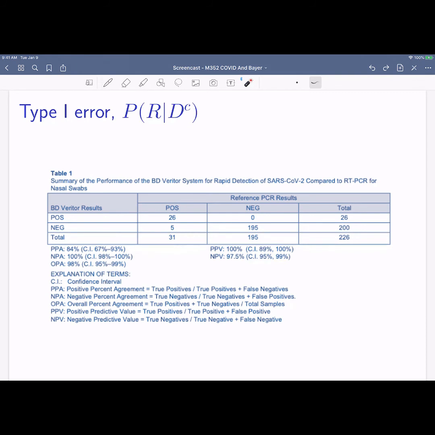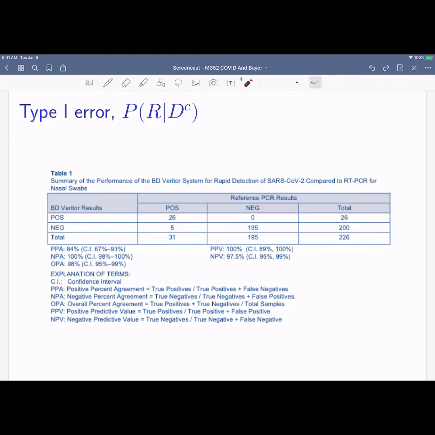This is a screenshot of a table in documentation that BD provides with the Veritor system to show the study that it did to test how well it does and what its type 1 and type 2 errors are. You can see over here in this column, we list the results of the Veritor system. The Veritor test is a binary test, so it has a positive result and a negative result. Here, we see reference PCR results.